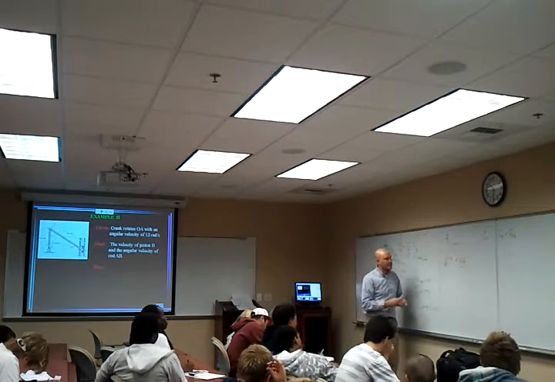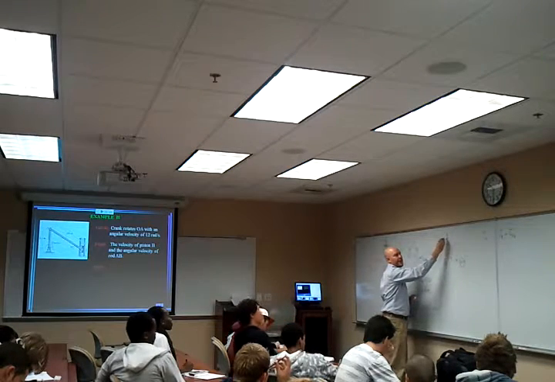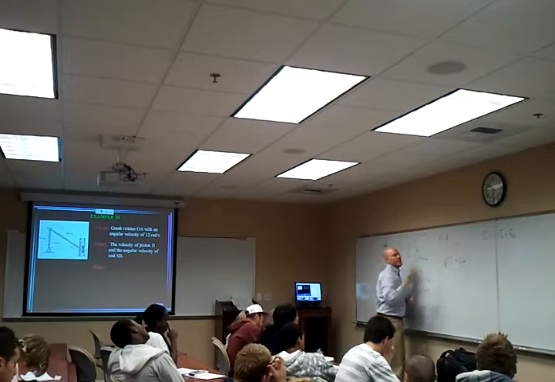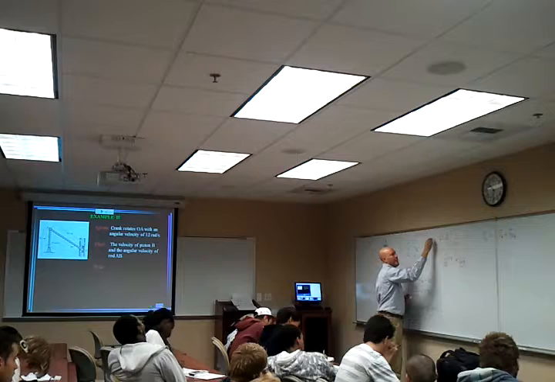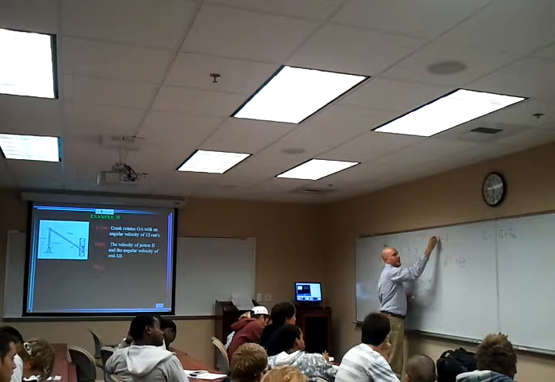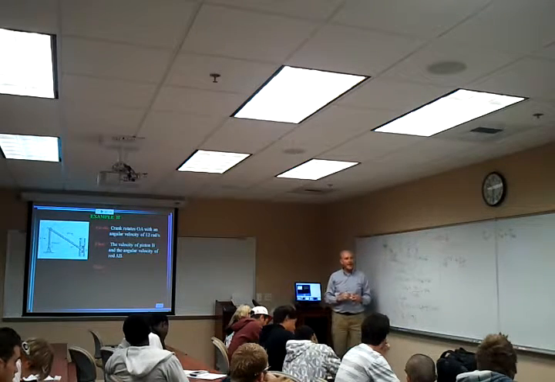And it's perpendicular to R. So this is the velocity of A, which is equal to 0.3 meters times 12 radians per second. So that's your velocity of A.